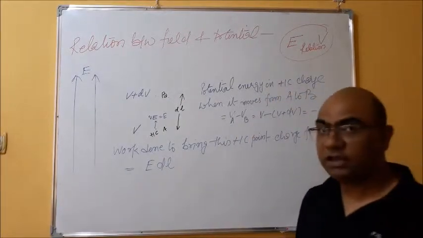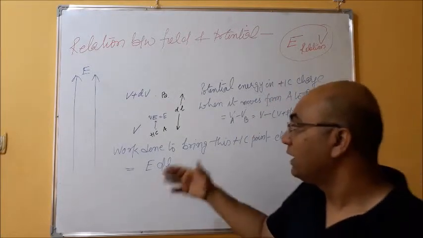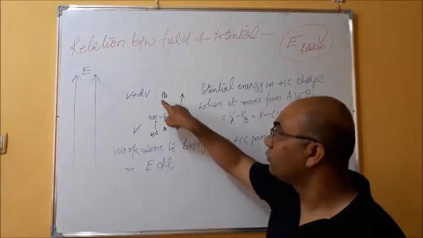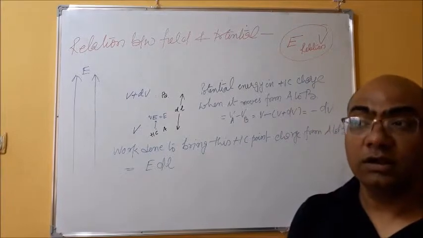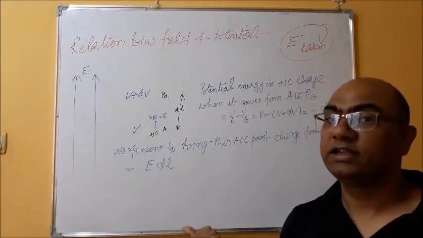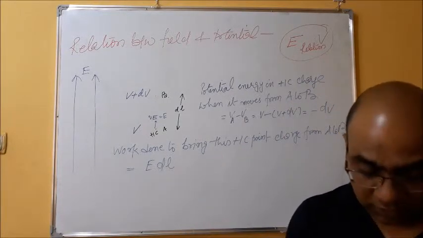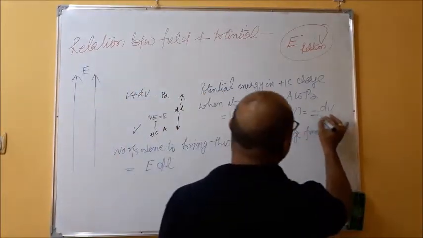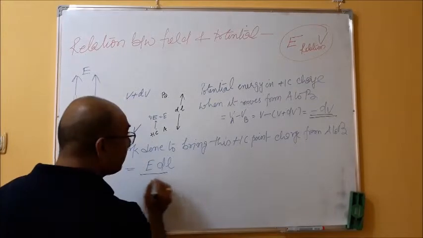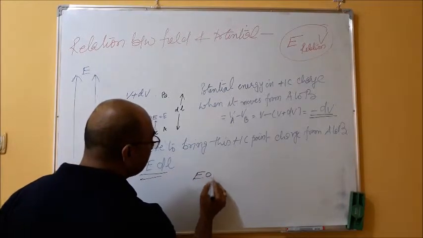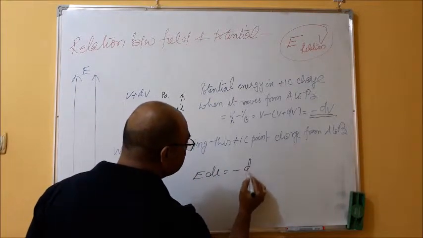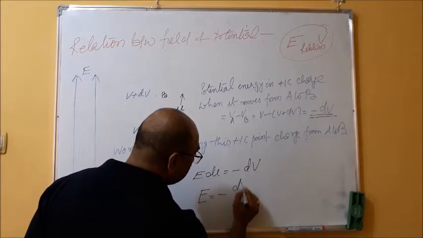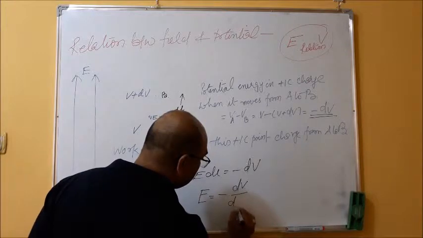And from the previous definition, we know that the work done to bring the point charge from point A to point B is equal to the potential energy stored in this point charge when it moves from A to B. And hence we can compare these two expressions, and what we will get? E dl is minus dV. So E will be minus dV over dl.